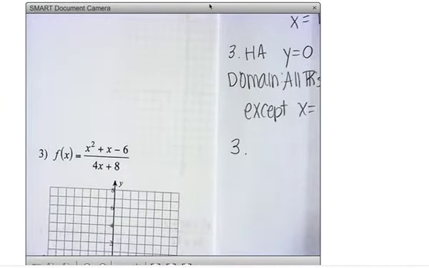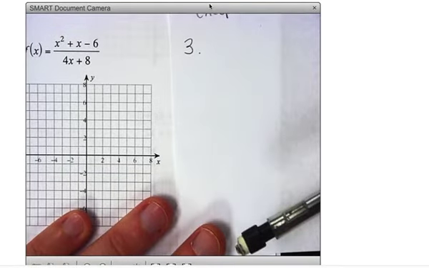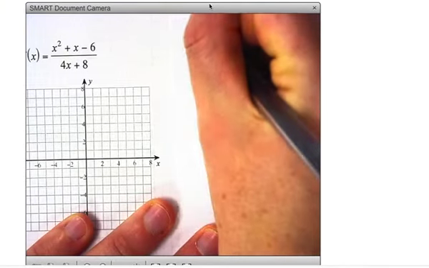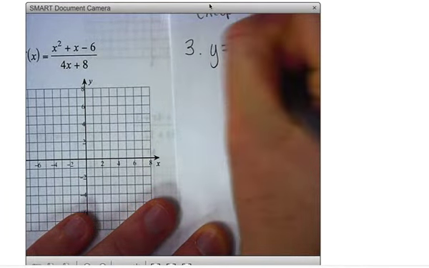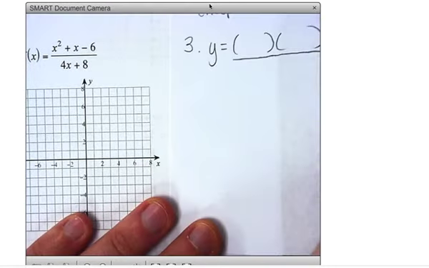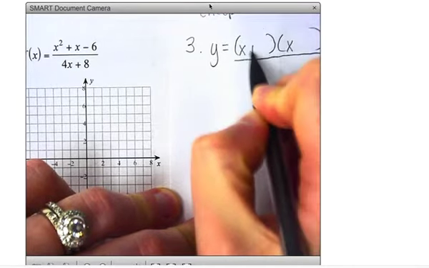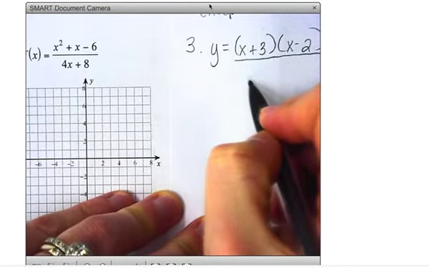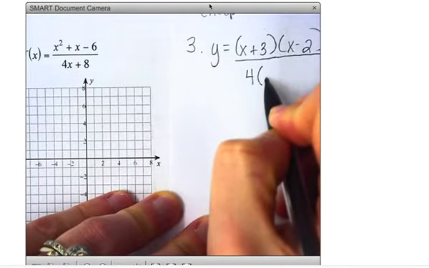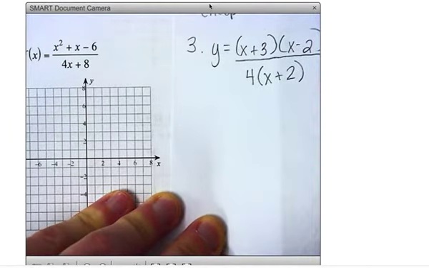All right, let's look at 3. Number 3, what's the first move? Factor. What does the top factor to? Yep. What does the bottom factor to? Pull a 4 out and you have x plus 2. Does everybody see that?